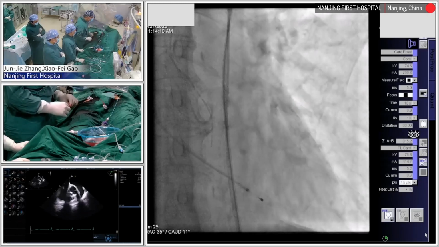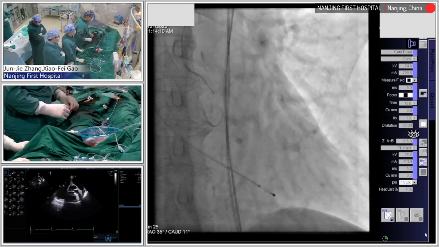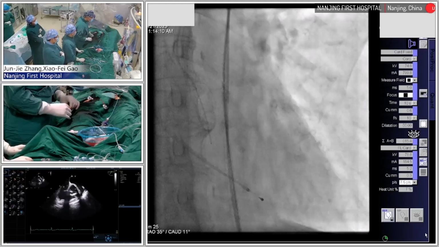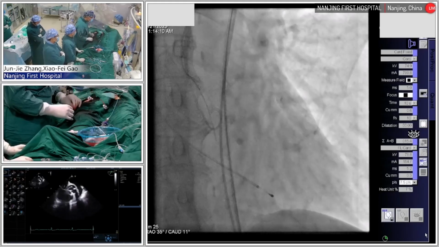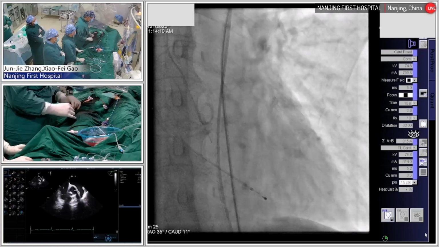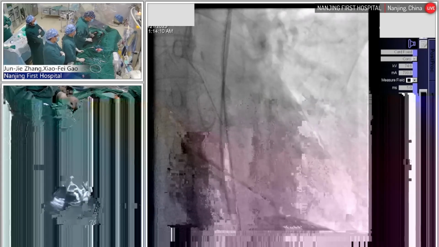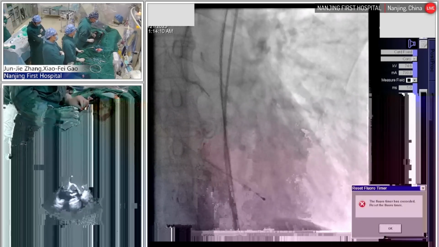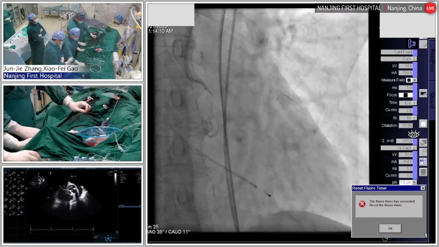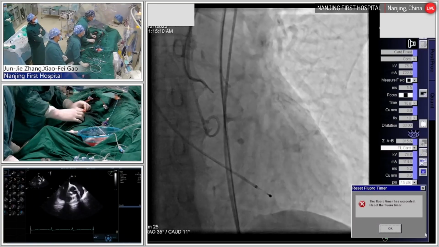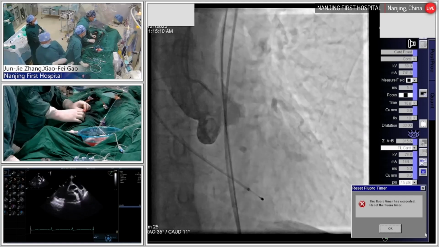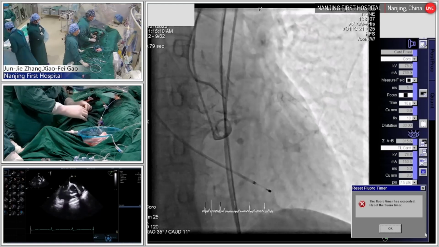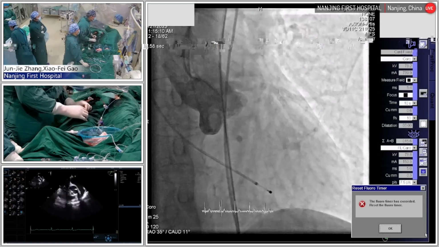So I think in the Asian population there is some disease difference between the western side and the eastern side of the world. In my echo study, aortic stenosis due to bicuspid valve occupies roughly 20 to 30% of the population.